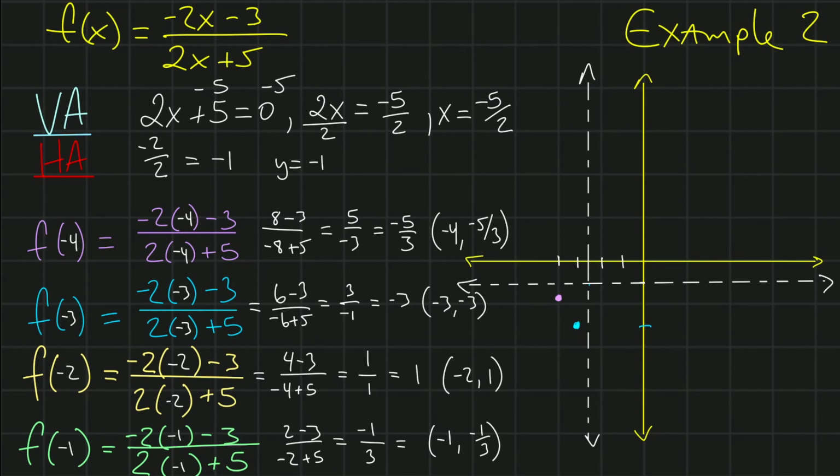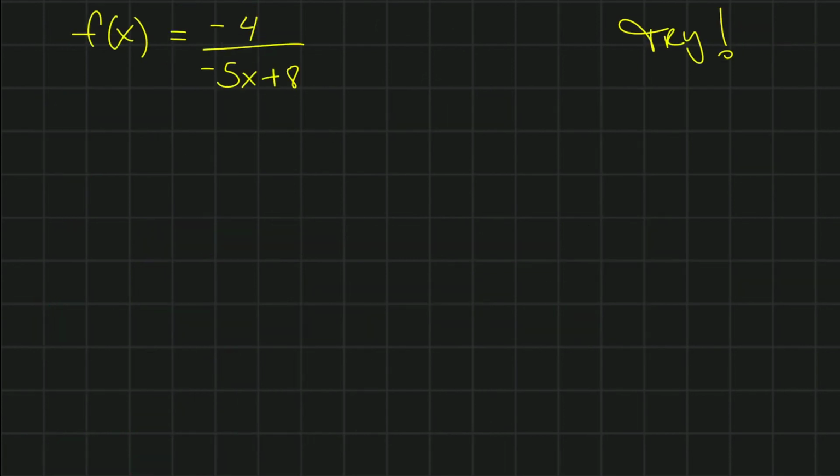At x is equal to negative 2, my y value will be 1. So it should be somewhere around here. And when x is equal to negative 1, I'll be at negative 1/3. And similarly, this one will go like this. And there we have it.